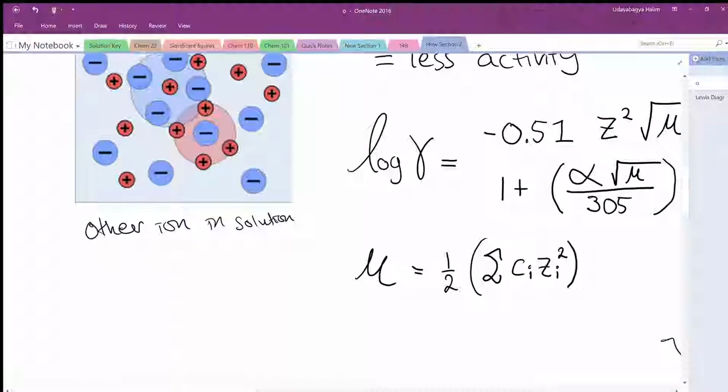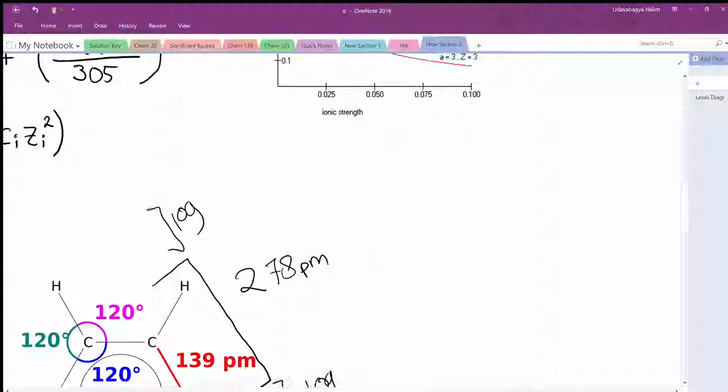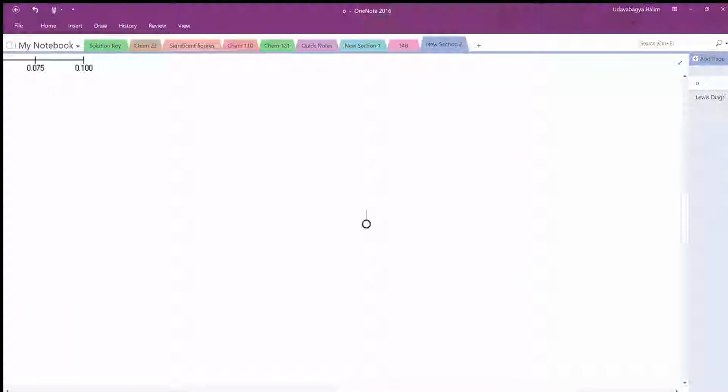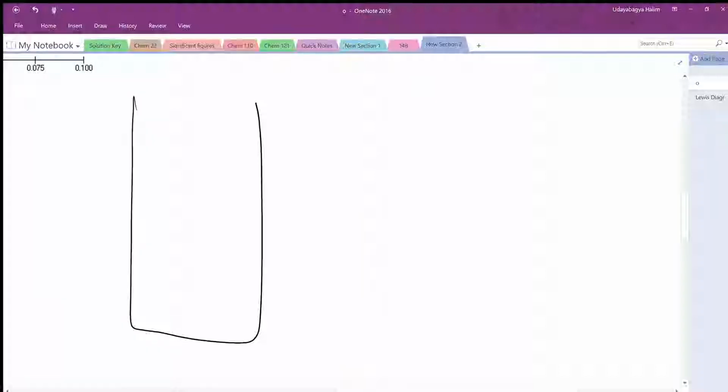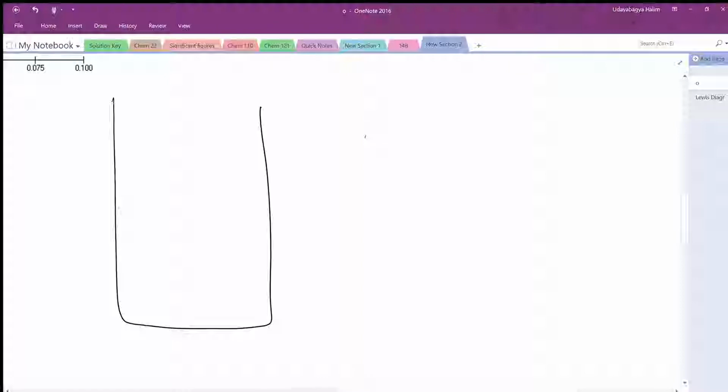And the picture here is not going to look as similar as this, but it's actually going to be a little bit more annoying. Let me use a different page here. So suppose that in our solution, we have our simple reaction of a weak acid dissociating into A minus plus H plus.